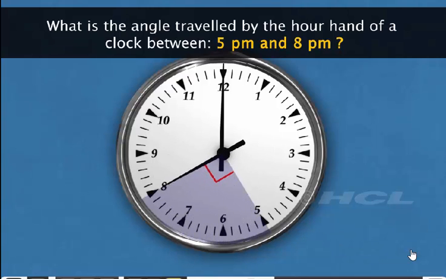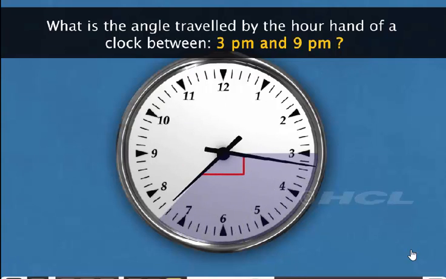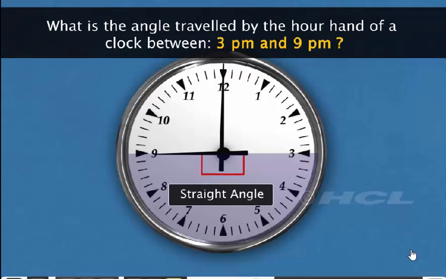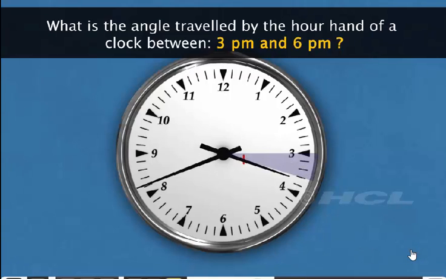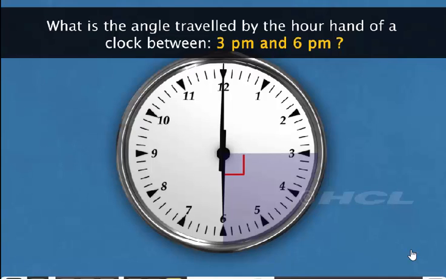Between 5 p.m. and 8 p.m. is a right angle. Between 3 p.m. and 9 p.m. is a straight angle. And between 3 p.m. and 6 p.m. is a right angle again.